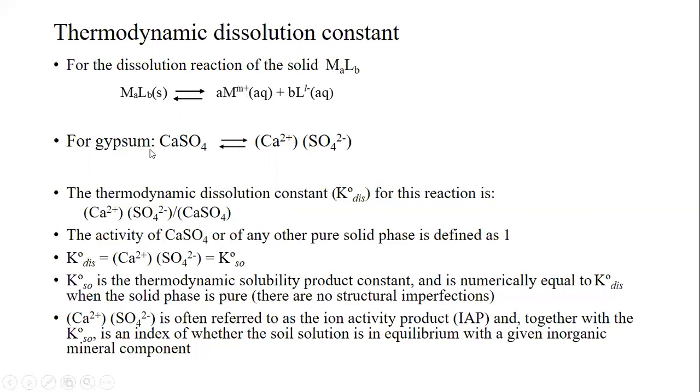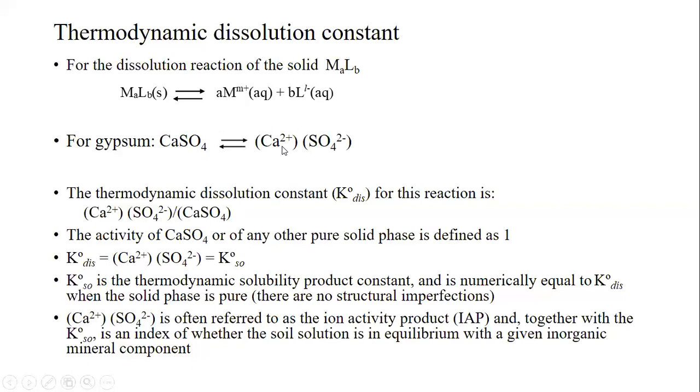Remember, gypsum is CaSO4·2H2O, but because we're interested only in the ions, we ignore the 2H2O because it's water in an aqueous system. It's not going to change anything. That's why we wrote it this way. But if you're asked to write the formula of gypsum, you say CaSO4·2H2O. It has two molecules of water of hydration.